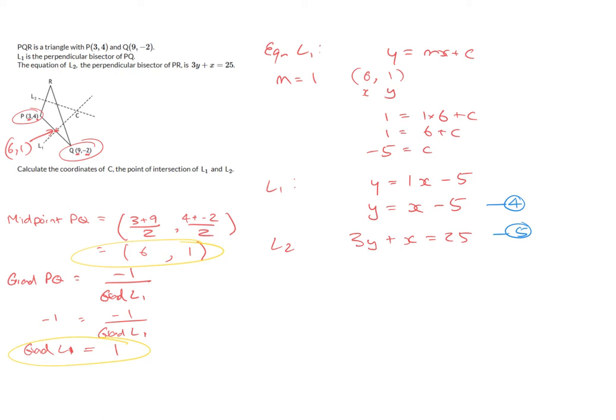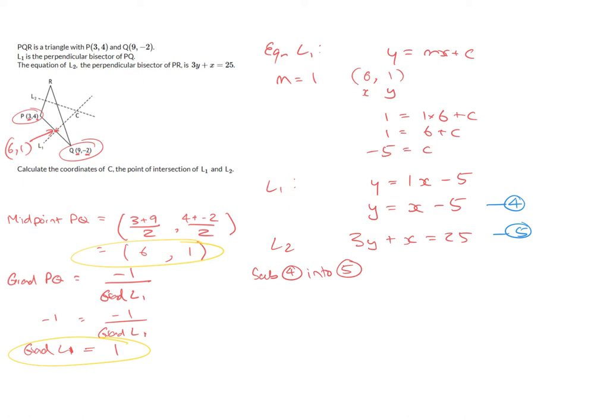Now, rather than using elimination to solve these, which I could do, I'm just going to use substitution because I've already got y equals something, and it's something quite simple, x minus 5. So I am going to substitute equation 4 into equation 5. So wherever I see y, I'm going to write x minus 5.